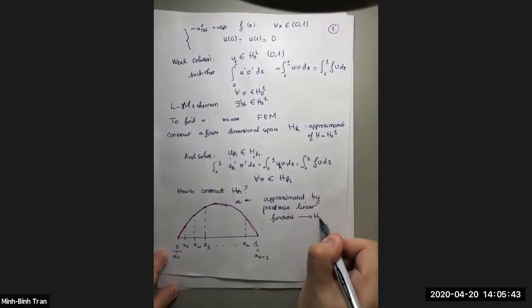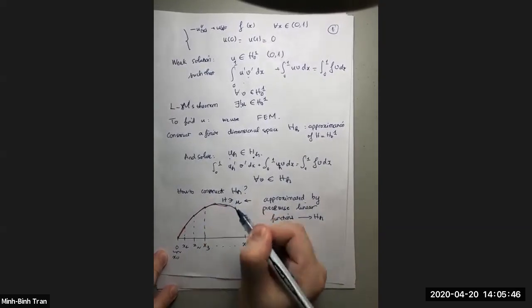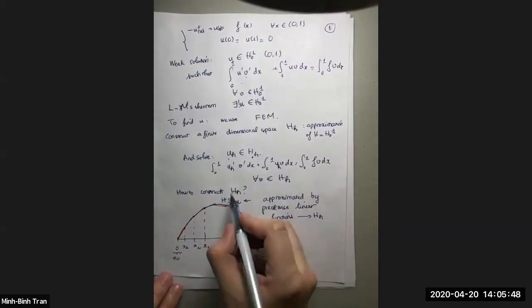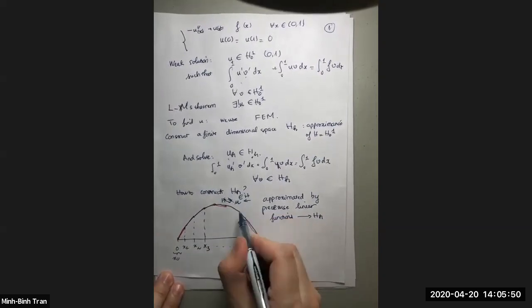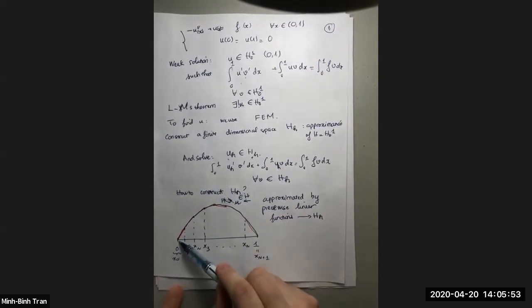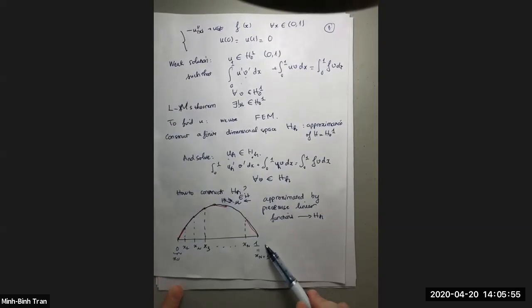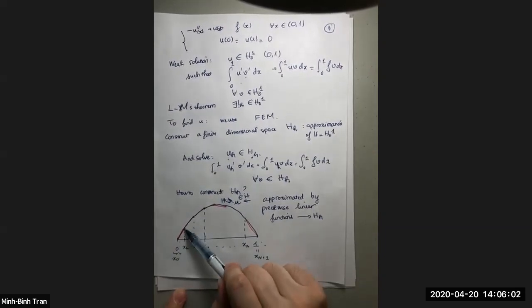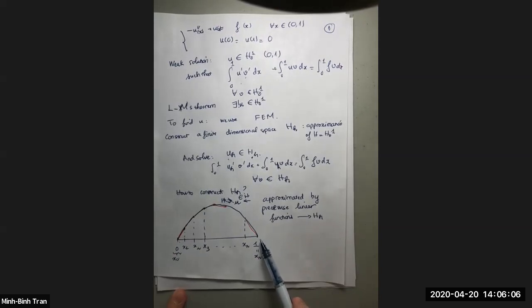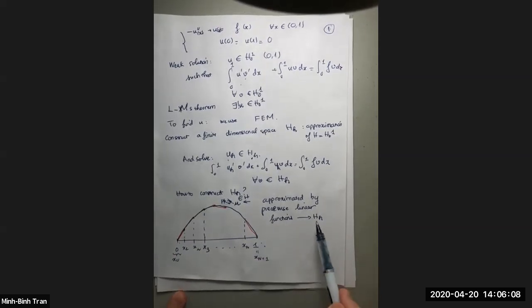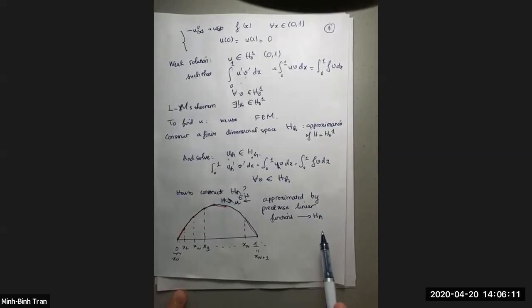And this is h, right? So for a function u in H, what you do is that you draw this function from 0 to 1, right? And then you divide 0 to 1 into smaller equal intervals. And then you approximate this curve by piecewise linear functions in H_h. And this is how you construct H_h, right?